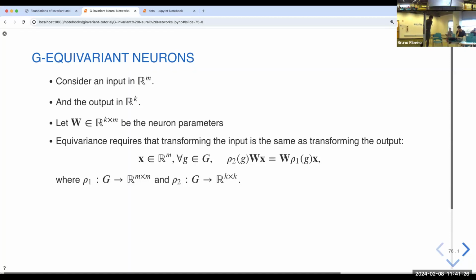For instance, when you do geometric modeling of molecules, you want the generator not to pay attention to the specific rotation in space or conformation. You want it to be invariant to those things because it doesn't matter; it would generate the same molecule.